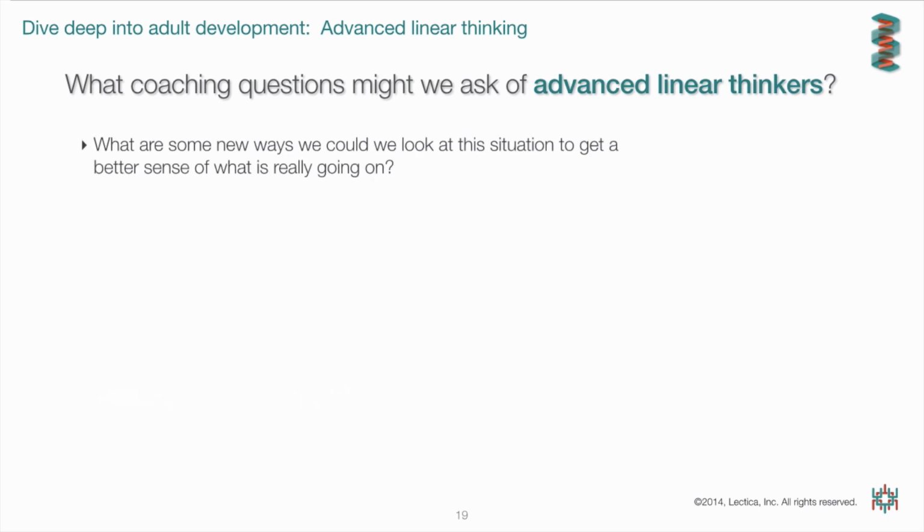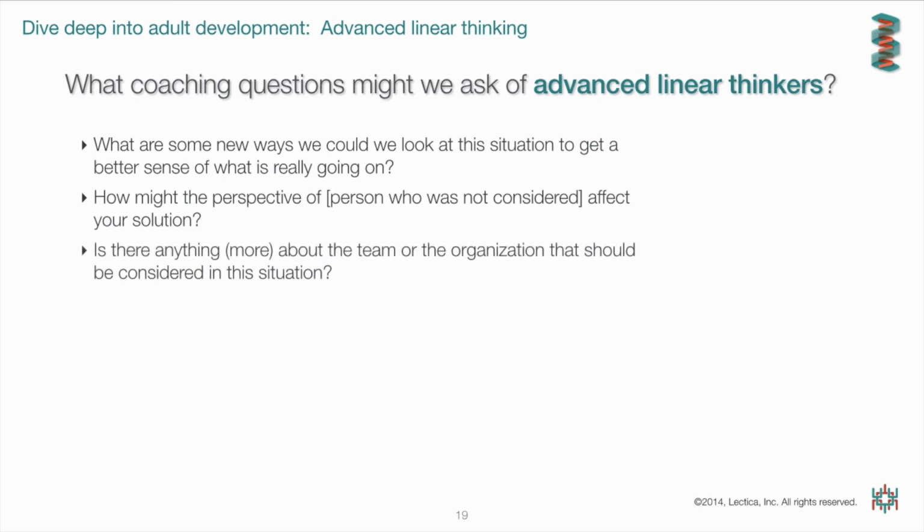What are some new ways we could look at this situation to get a better sense of what's really going on? How might the perspective of a particular person who wasn't considered affect your solution? Is there anything more about the team or organization that should be considered in this situation?